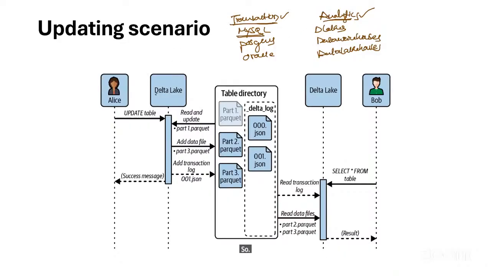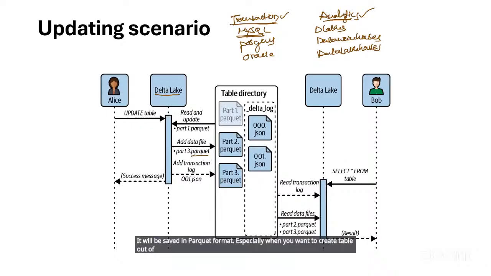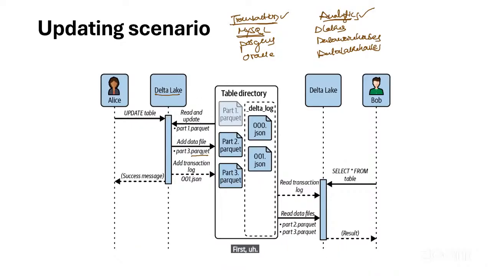So Delta Lake is also built for analytics. Whenever you put data, it will be saved in Parquet format. Especially when you want to create a table out of that data, first Parquet files will be created. And these files are immutable. Even in your data lakes, you cannot make changes to the data.